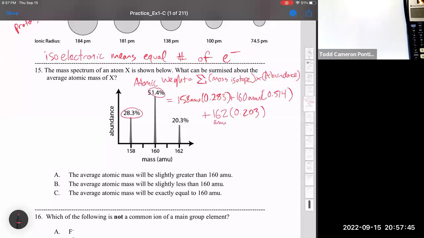And this ends up equaling 159.84. So you absolutely can do the math, but you could also, by looking at which ones are more represented, come up with an estimate instead.